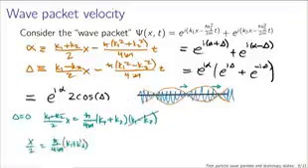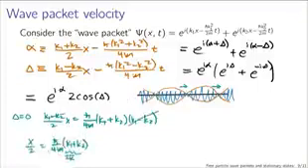If I assume that k1 is about equal to k2, then I can pretend that this is some effective average k bar. Sorry, this is 2 k bar, twice k bar, since I have k1 and k2, and they're added together.